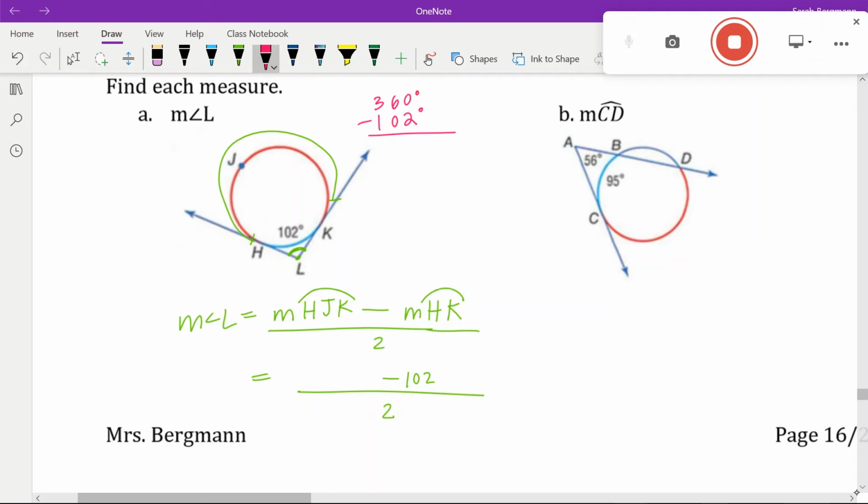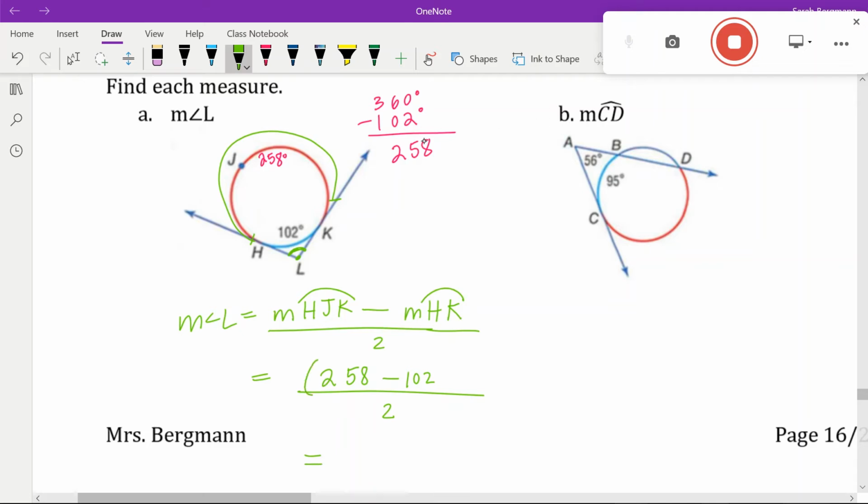So when we do that, we get 360 minus 102 gives us 258. So we know 258 is the measure of the red arc. So now we can plug that into our formula and then solve.